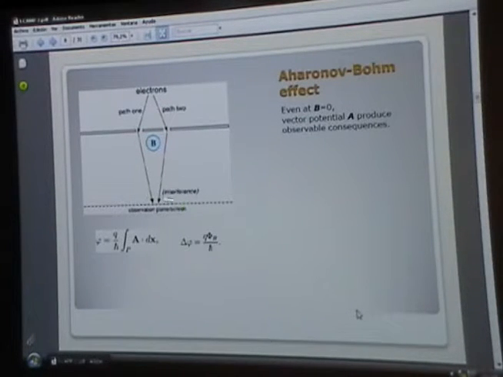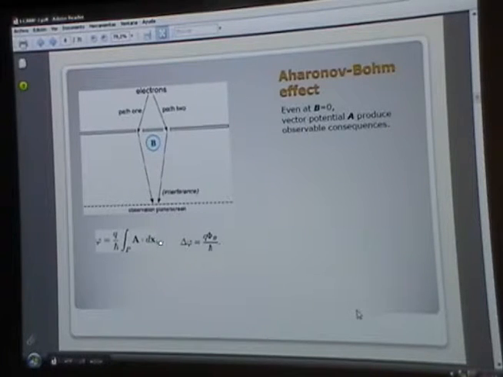But we have a pattern of interference that can be observed here with this screen. And we have here a solenoid. The solenoid produces a magnetic field inside it, but there is no magnetic field, of course, outside the solenoid. But there is a vector potential.